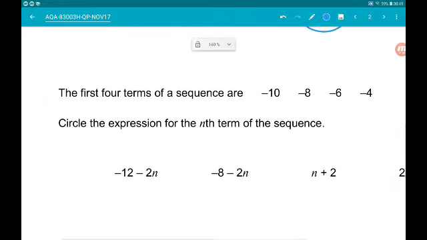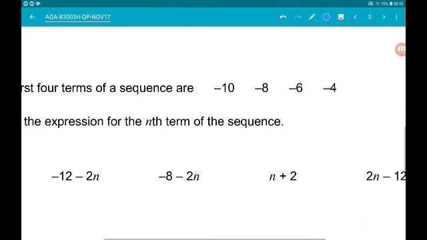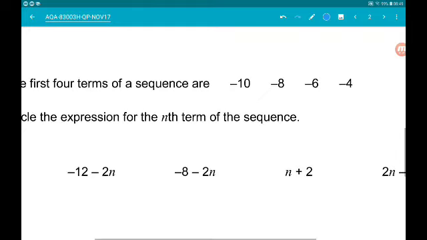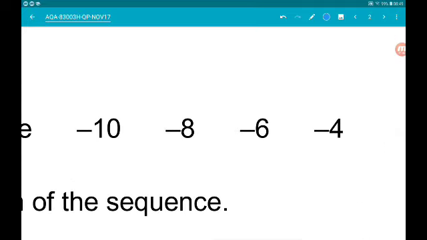Okay, question 3. The first 4 terms of a sequence are minus 10, minus 8, minus 6, minus 4. We want to circle the nth term for the sequence. So, we're going up in 2's.